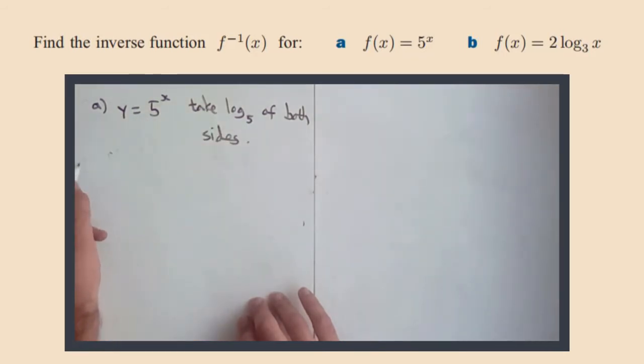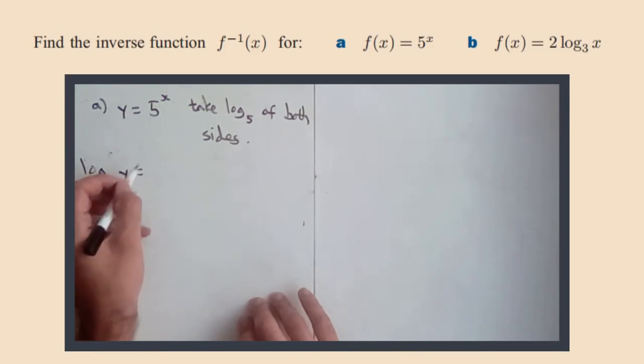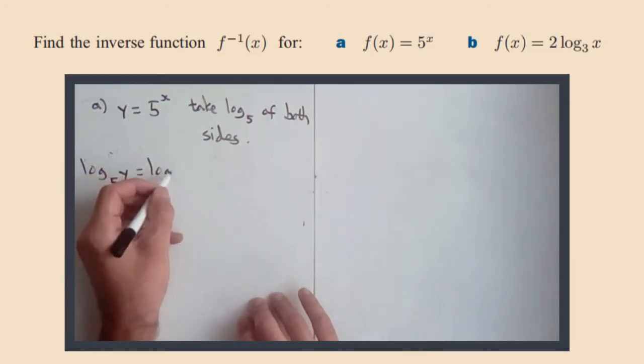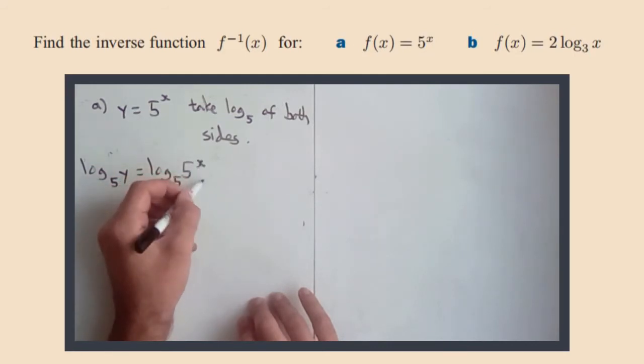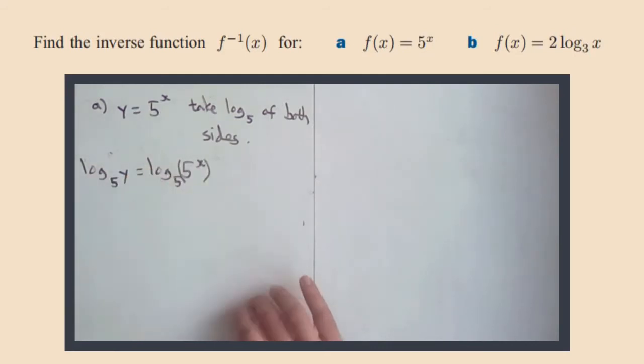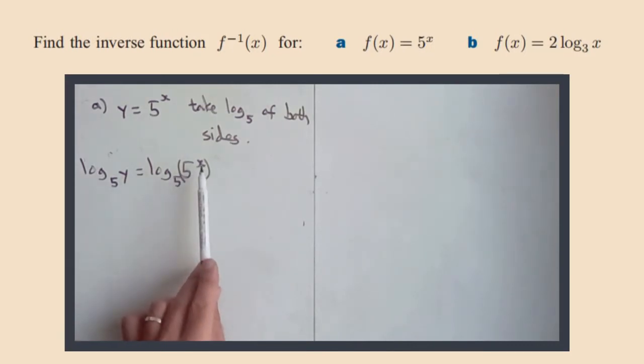So that is going to say log base 5 of y equals log base 5 of 5 to the x. Now you can use our third law of logs to make x the subject here.